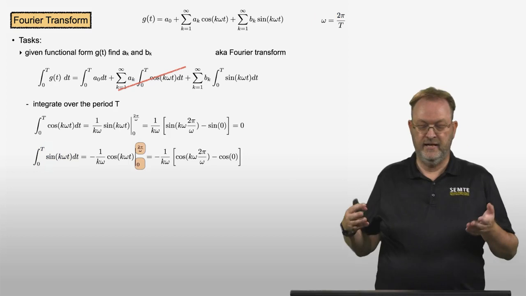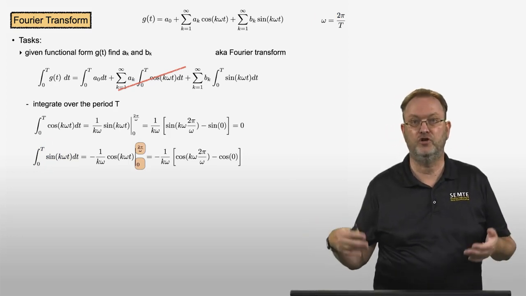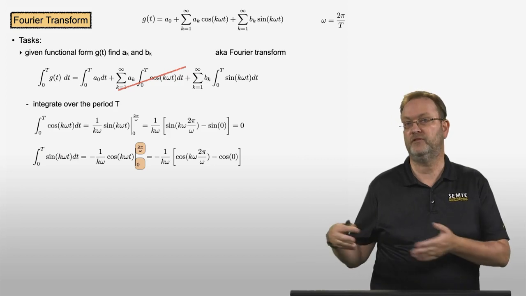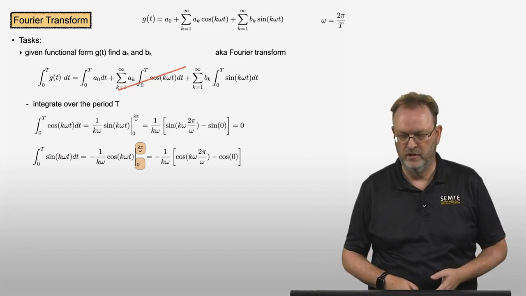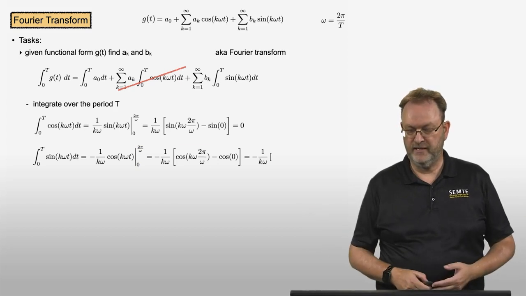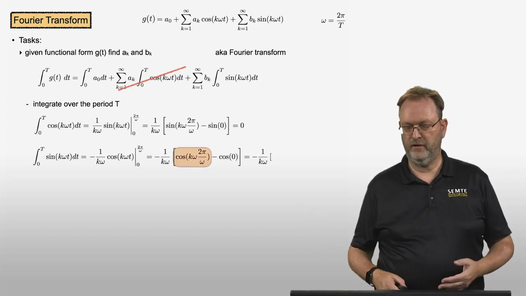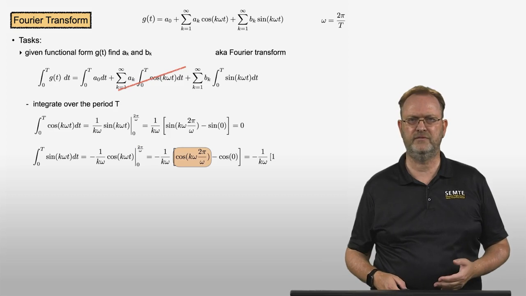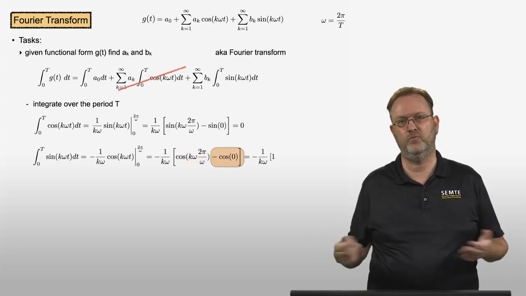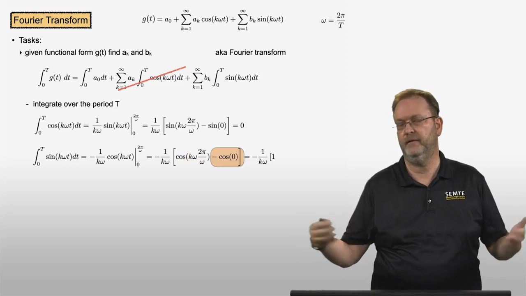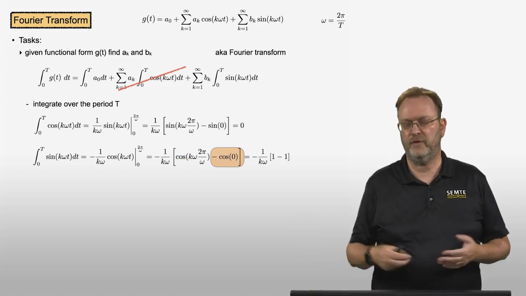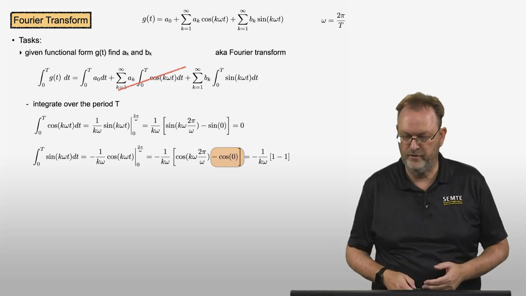So that's negative 1 over k omega times the cosine of k omega times 2 pi over omega minus the cosine of 0. Well, that's the cosine of k times 2 pi. That's always 1, right? For a multiple of 2 pi, the cosine is always 1. And the cosine of 0 is 1 as well. So I have 1 minus 1 in the square brackets here.